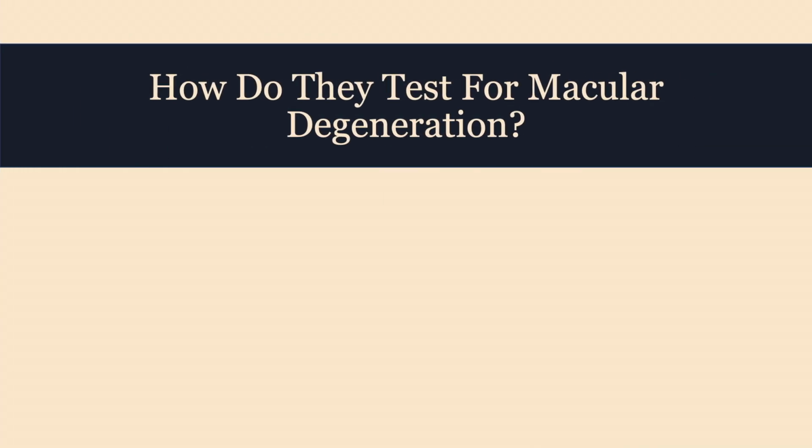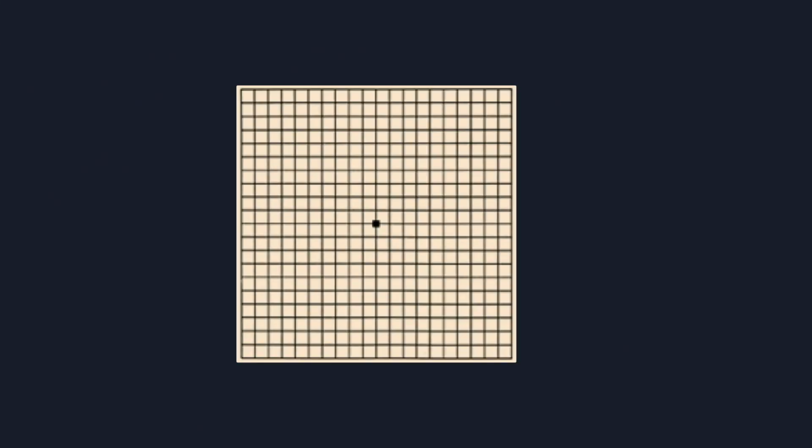How do they test for this kind of condition? Well, this is called the Amsler grid, and you can see that the lines are all perfectly straight. Well, you guys can see it that way. I don't see it that way. But all these squares are just perfect, and here's your center vision, fine.